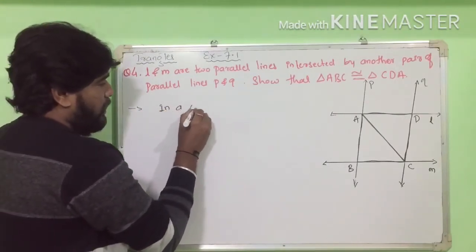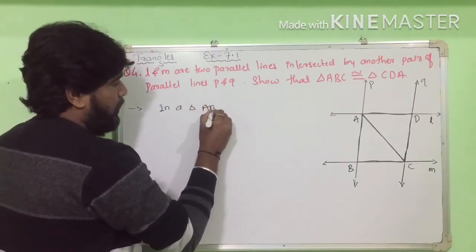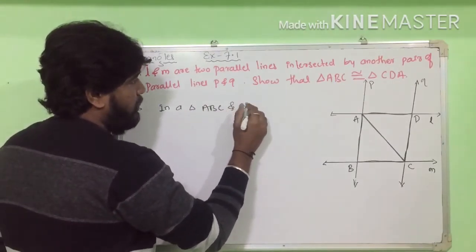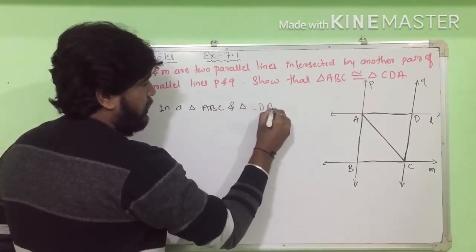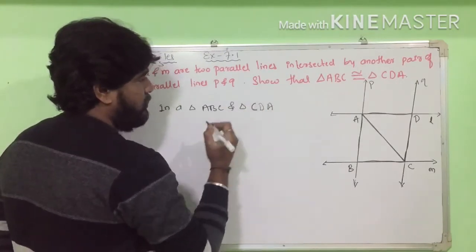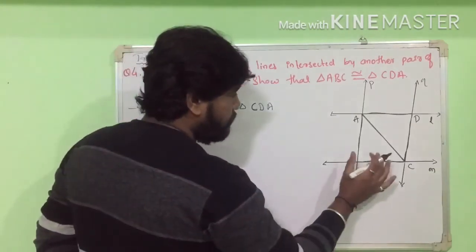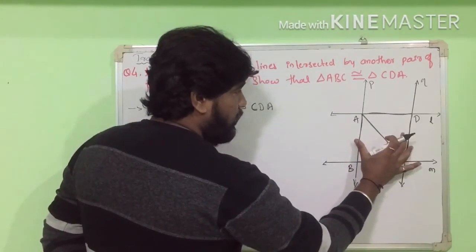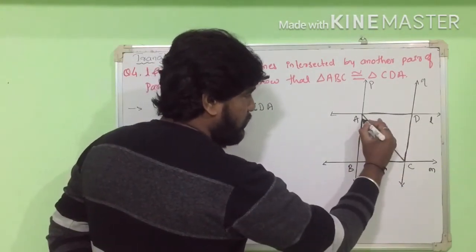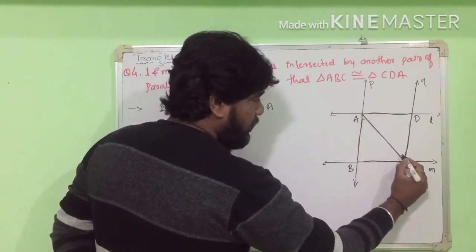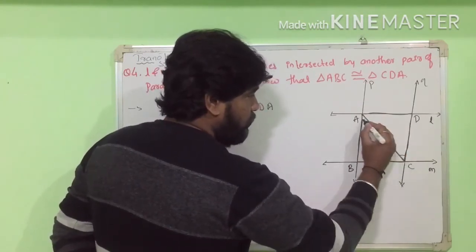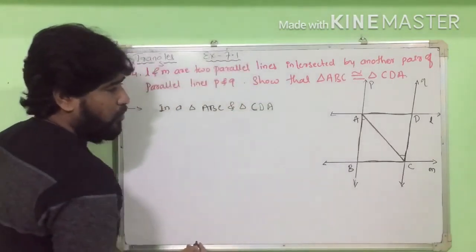In triangle ABC and triangle CDA, see here, P and Q are parallel. It means these two are alternate interior angles, and alternate interior angles are equal.